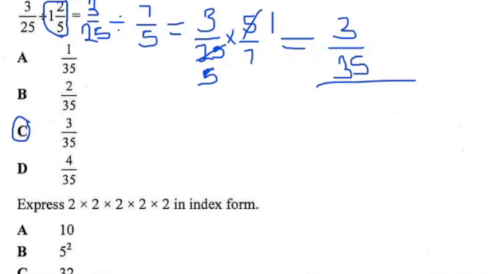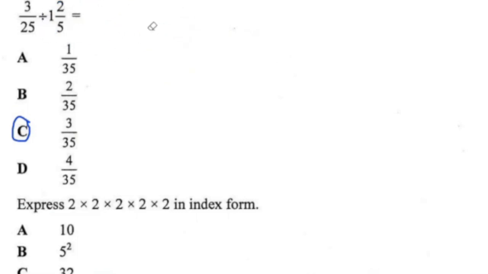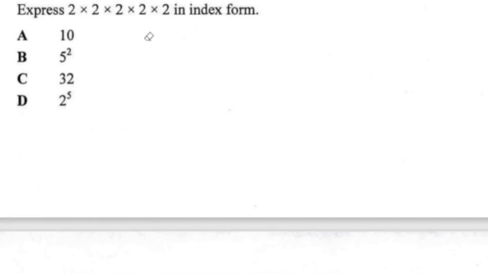Okay, we go to question number 36. Express this in index form. So what we're going to do is write this in index form. First of all, you can see that these are the numbers that are repeatedly multiplied, and the number being repeatedly multiplied is 2.